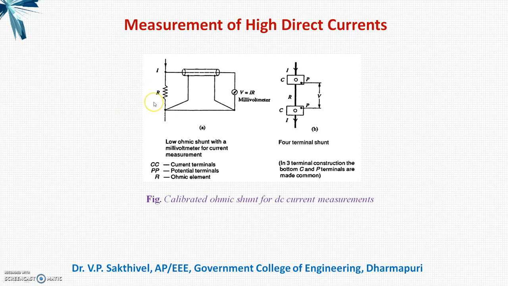The value of resistance varies between 10 micro-ohm to 100 micro-ohm, depending upon the heating effect and loading permitted in the circuit. High current resistors are usually oil immersed and are made as 3 or 4 terminal resistors.